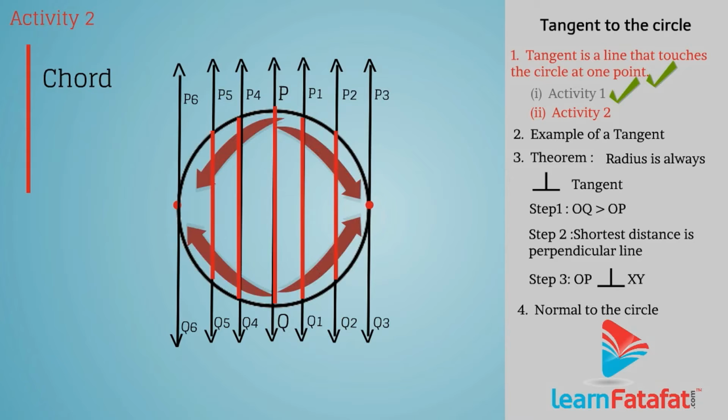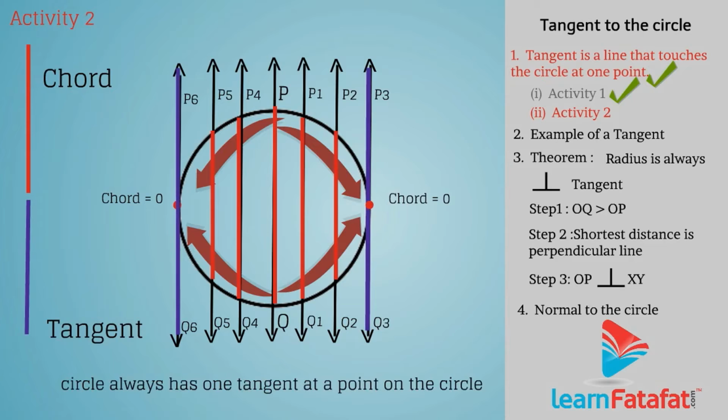At a point, the length of the chord becomes 0 at both sides of the secant, indicating that the circle always has one tangent at a point on the circle. The common point of the tangent and the circle is known as point of contact.